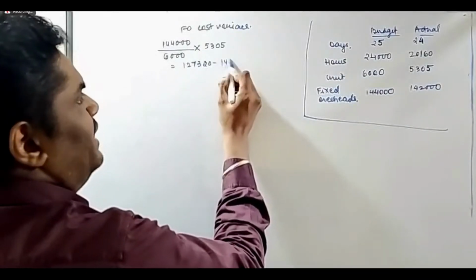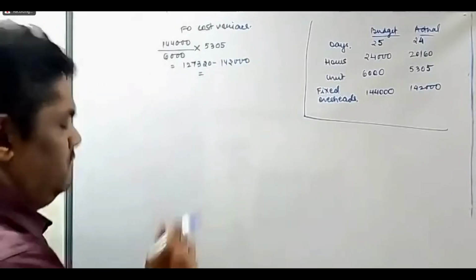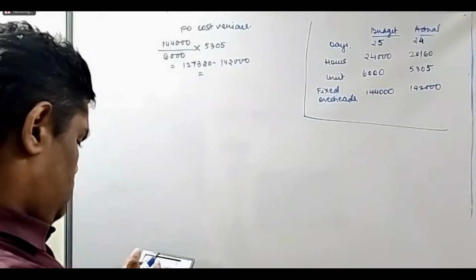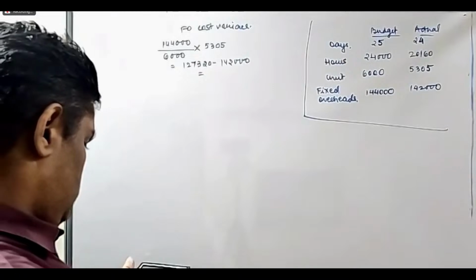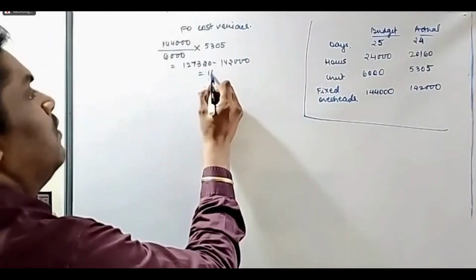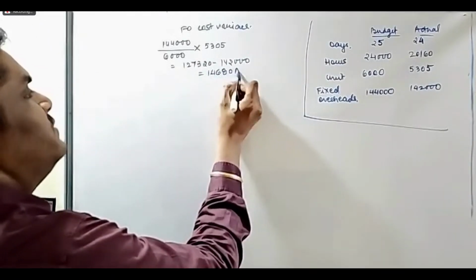And my actual overheads are 1,42,000. So 14,680 is my under absorption.